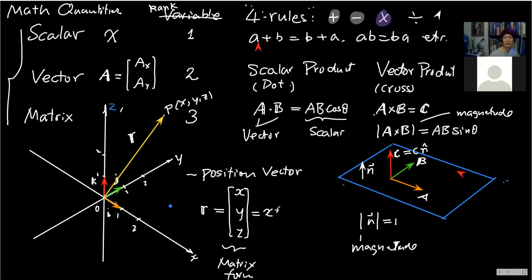Here we can introduce this notation: xi, yj, and plus ck. So this still represents the vector, but this is called the component form. So a position vector can be represented by either a matrix form or component form. Does that make sense?